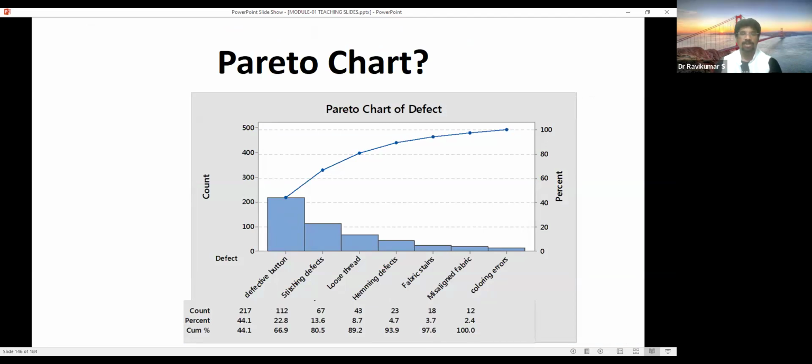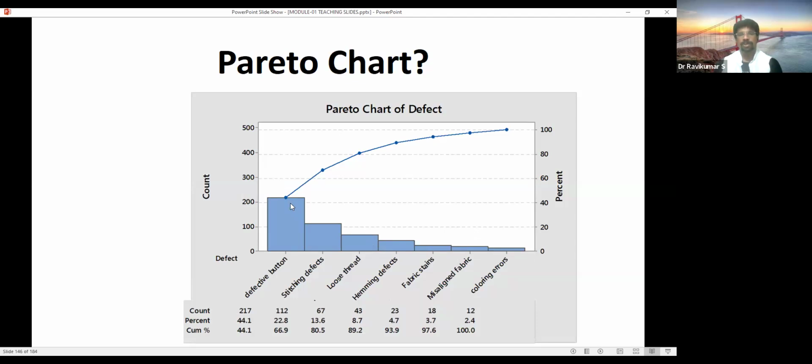Stitching defects is 112. Then loose thread is 67. Hemming defects, 43. Fabric stress, 23. Misaligned fabric, 18. Coloring errors, 12. So the histogram represents the defects in a decreasing order.